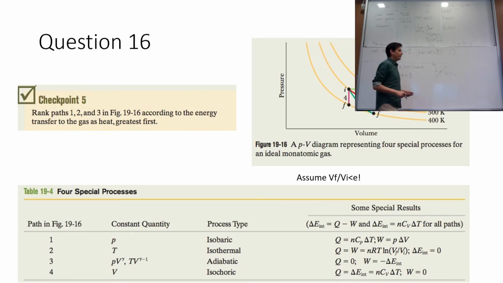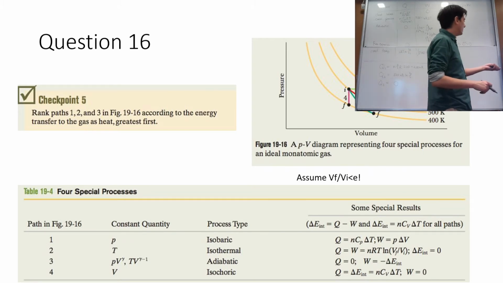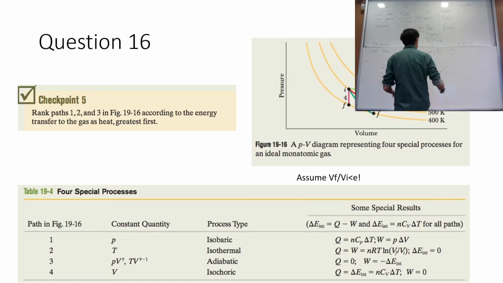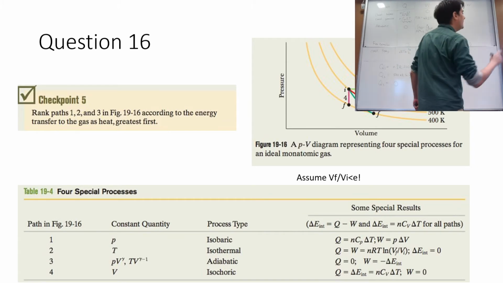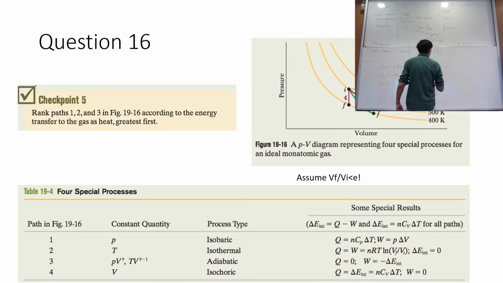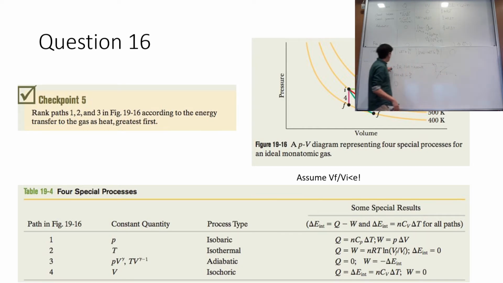So with the assumption that Vf is less than e times Vi, if it's in this range, then this will be the largest, this will be the second largest, this will be the third largest.